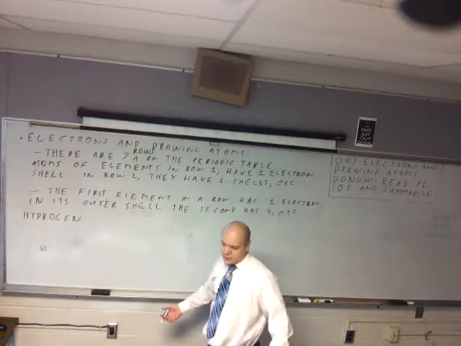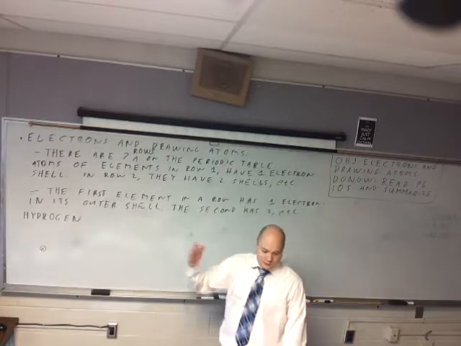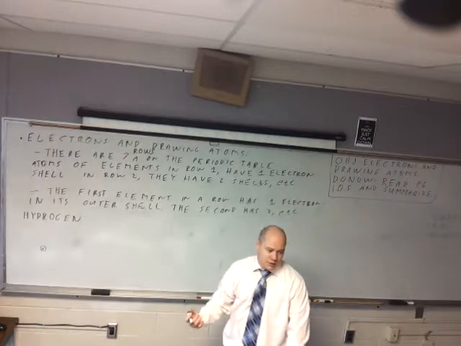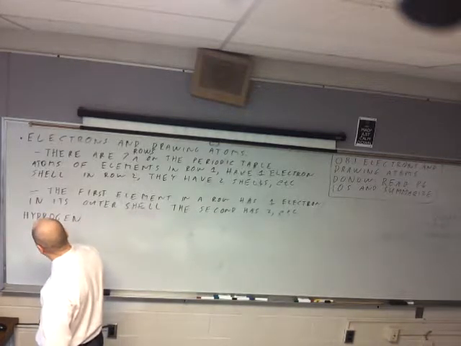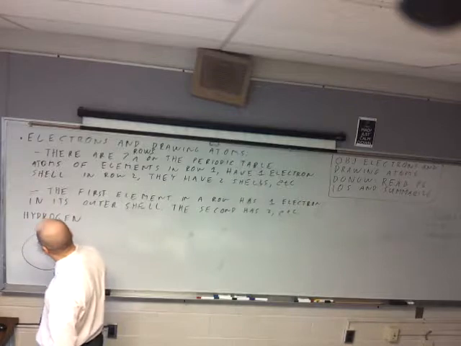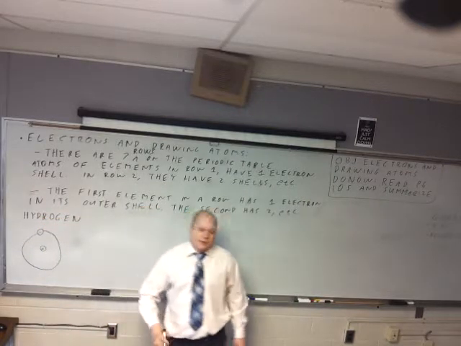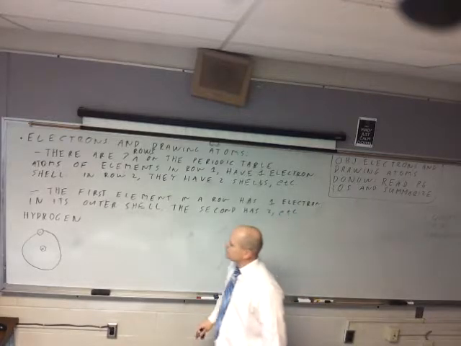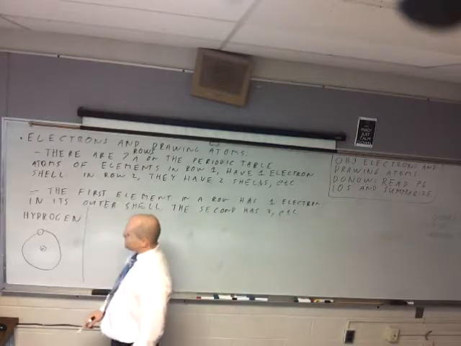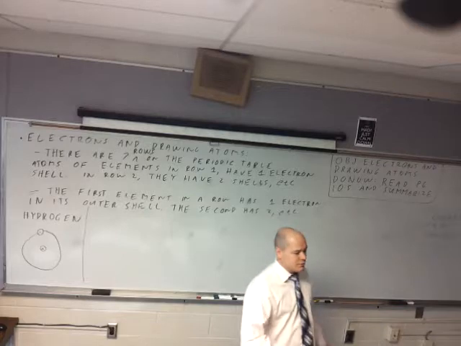Well, it's the first row, so it has 1 electron shell, and it's the first element in that row, so it gets 1 electron. So I'm just going to draw 1 electron, and this shell is like a circular path that the electron takes around the atom. This is the Bohr model. They don't always go in circles, but we're drawing in circles. That's it. That's hydrogen: 1 electron circling 1 proton.